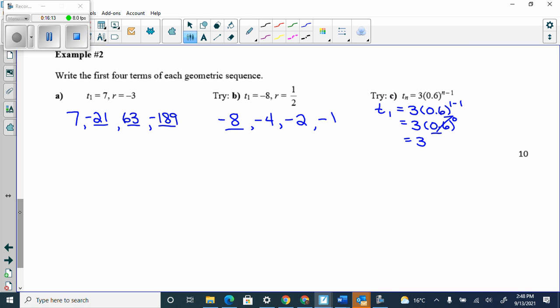Let's do term 2. Equals 3 times 0.6 to the 2 minus 1. So it's 3 times 0.6 to the 1. What do you get? 1.8?